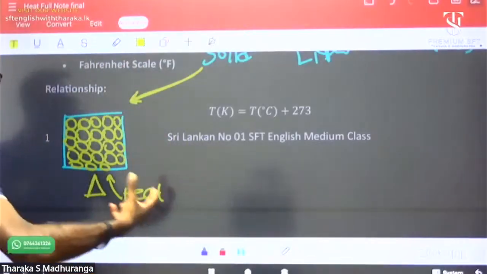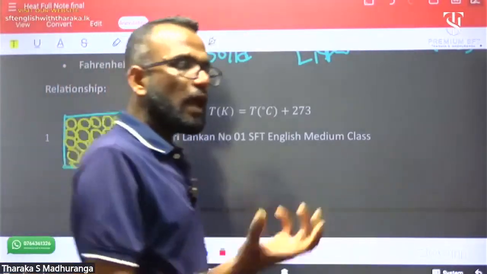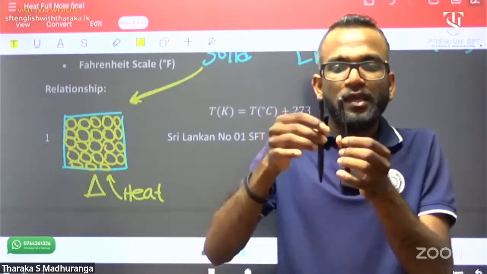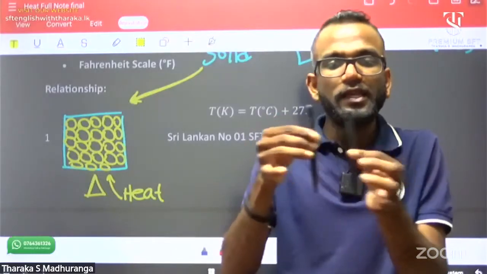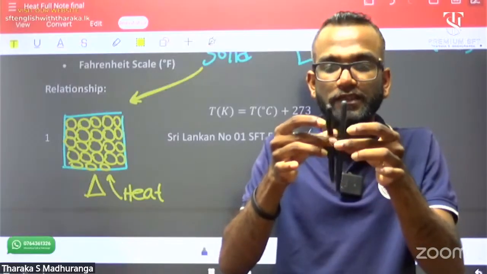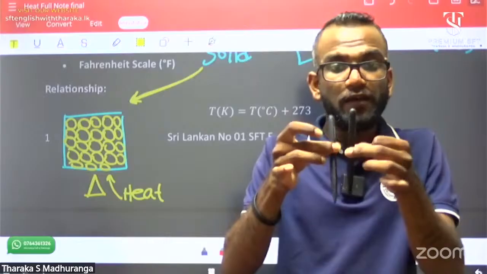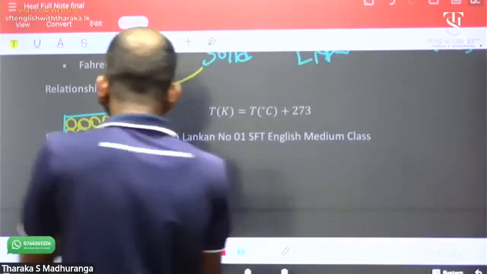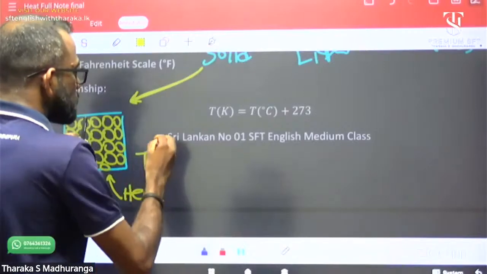This heat energy is absorbed by the molecules, and due to this heat energy, their kinetic energy increases. Their kinetic energy increasing means their vibrations increase. Why? Due to this provided heat energy. That we call a temperature increase.